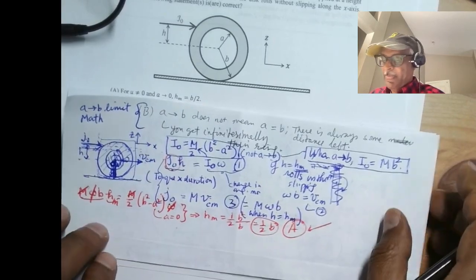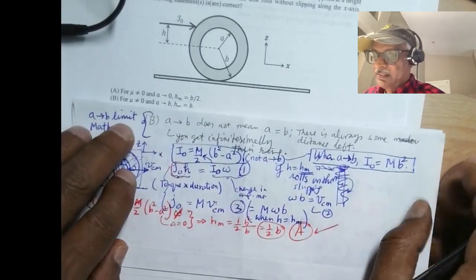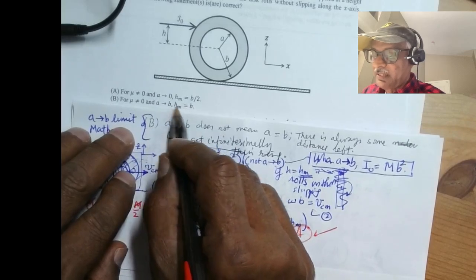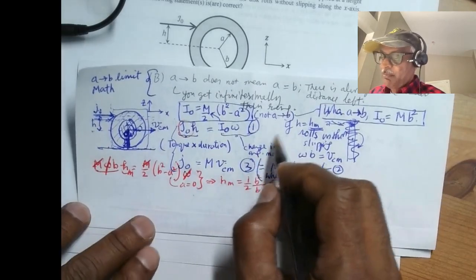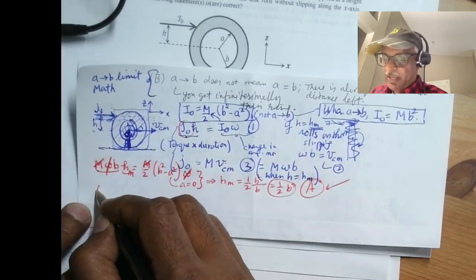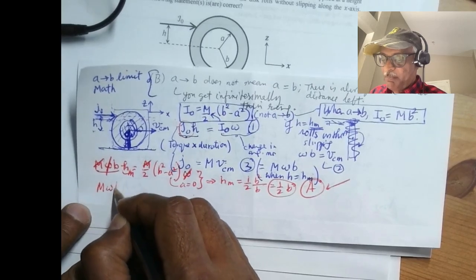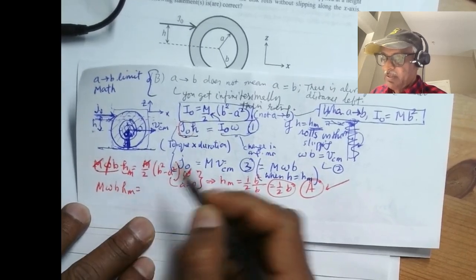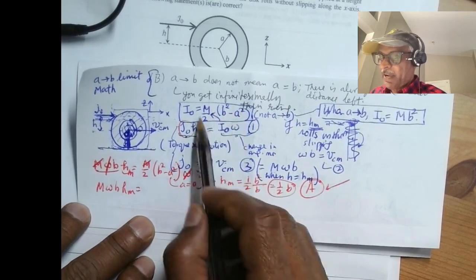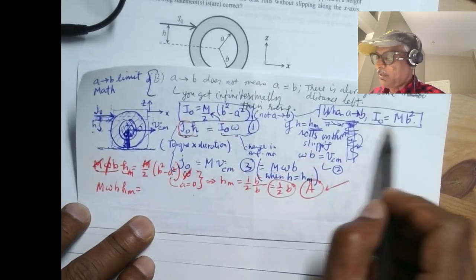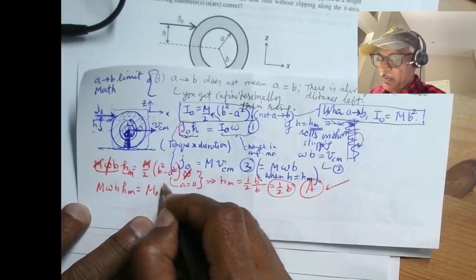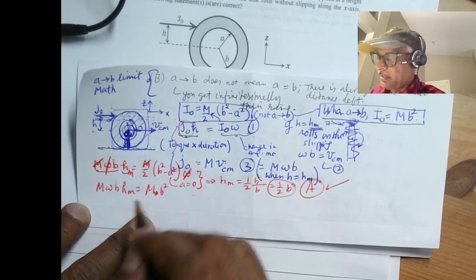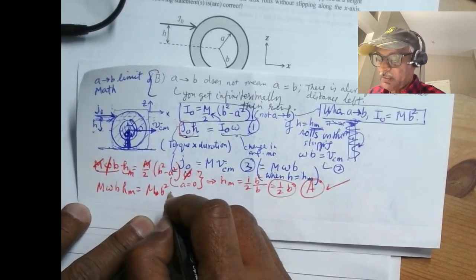All right. The second one says A goes to B and still hm is equal to b. So we're going to do hm again, with the same m omega b hm, but for I0, instead of this I have to use this because A goes to B. So this is m b square times omega.